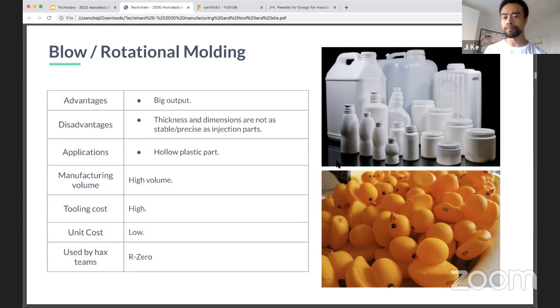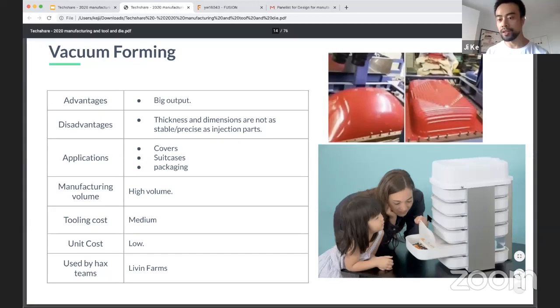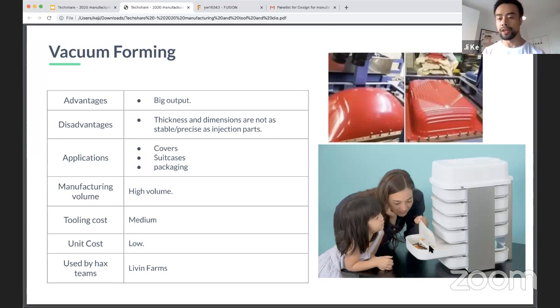The unit cost is extremely low. And then vacuum forming: when designed creatively, vacuum forming can be a fantastic tool. In fact, that's how most of our suitcases, those PC suitcases, are made right now. A team called Living Farm makes incubators for edible worms, and each of those canisters is made by vacuum forming, which significantly decreases the cost.